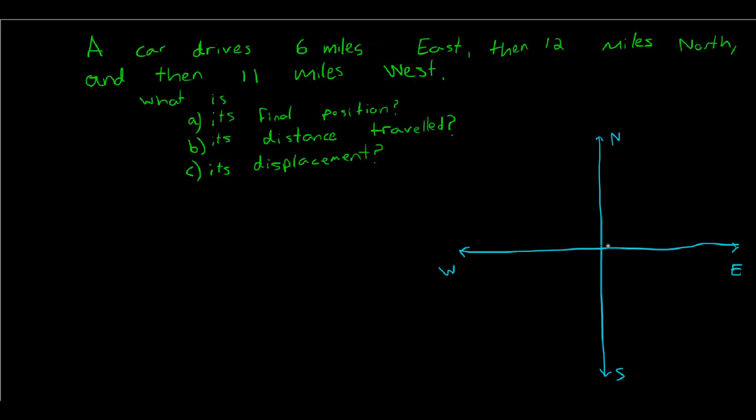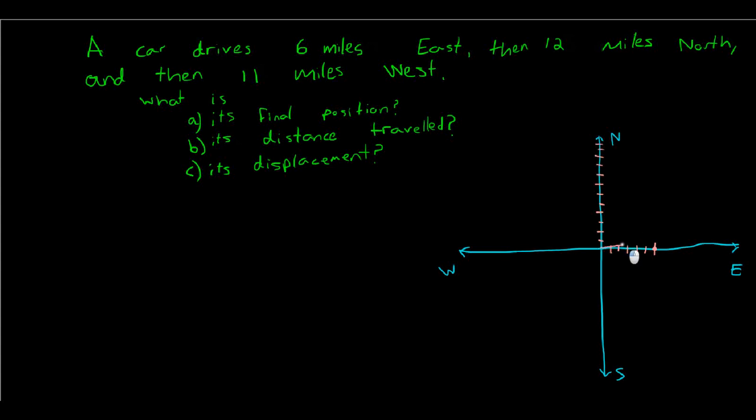So the car begins by going 6 miles east. 1, 2, 3, 4, 5, 6. Then the car goes 12 miles north. 1, 2, 3, 4, 5, 6, 7, 8, 9, 10, 11, 12.